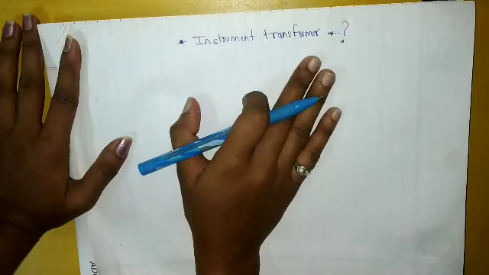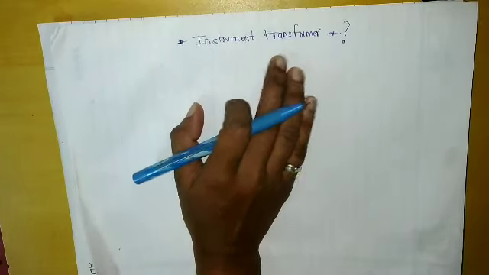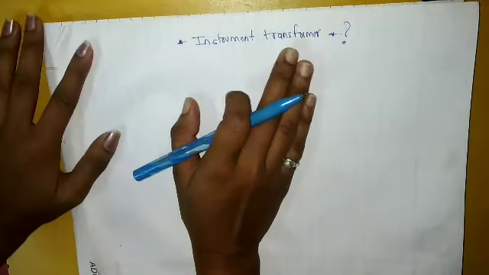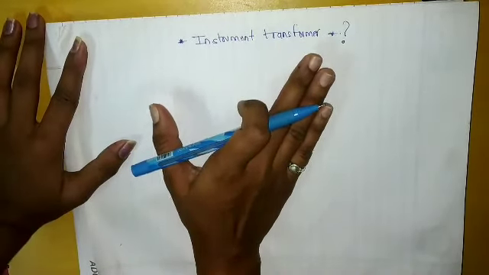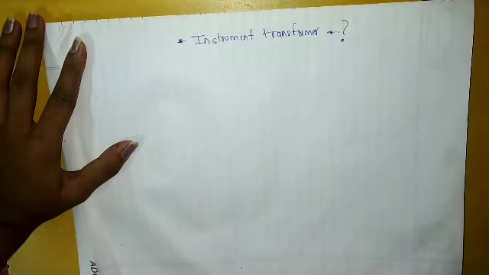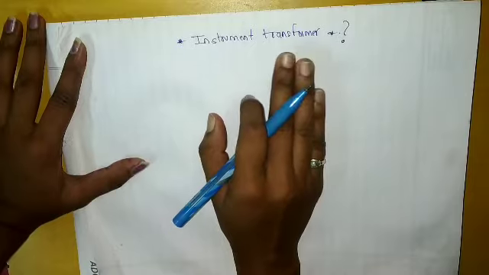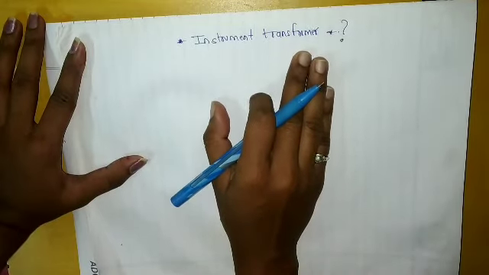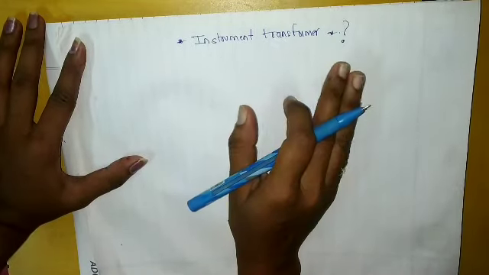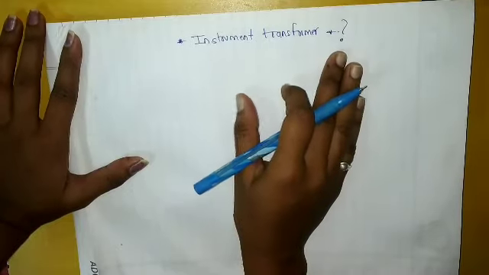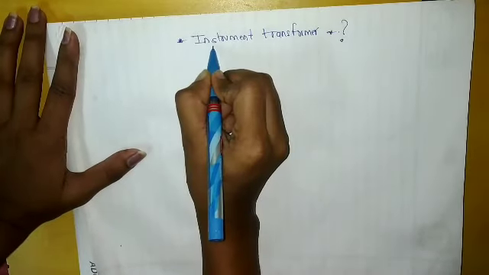So we all know that ammeter and voltmeter, we use it to measure voltage and current, right? So basically instrument transformers are used in AC system for measurement of electrical quantities, that is voltage and current, right? So why are they used?